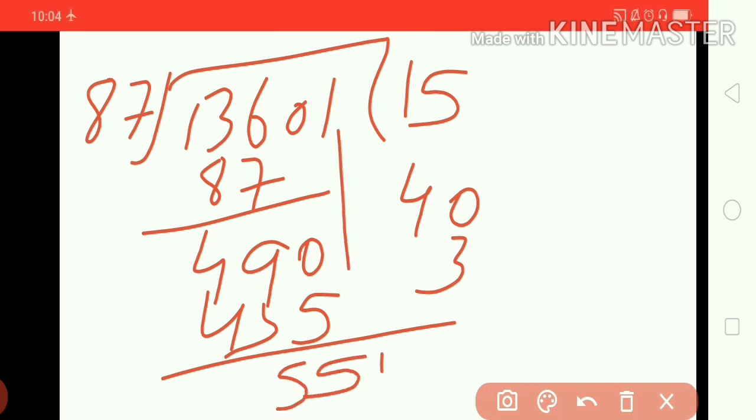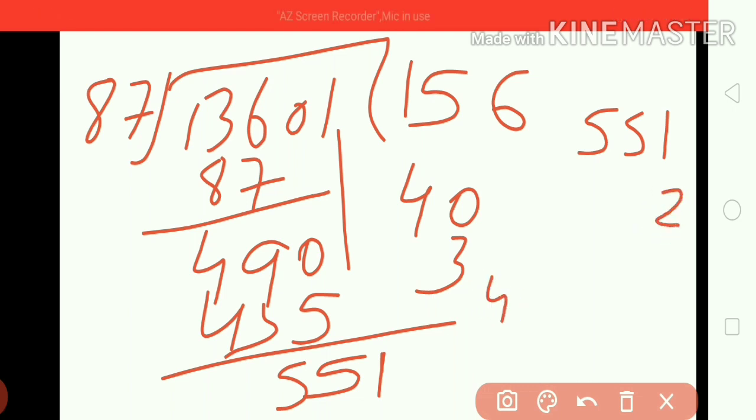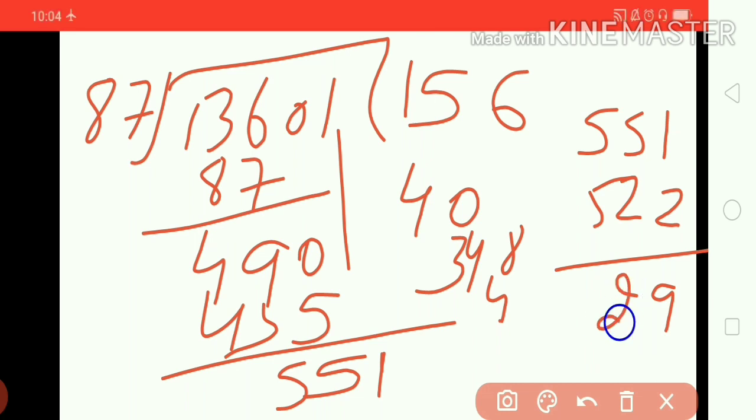Now it will go 6, 6 7s are, I am writing here 551. 6 7s are 42, carrying 4, 6 8s are 48, and 4 is 52. 11 minus 2 is 9, 4 minus 2 is 2.